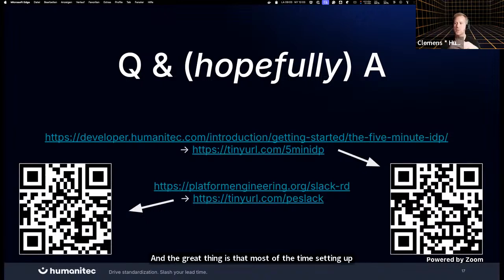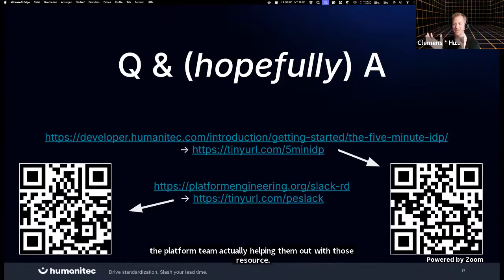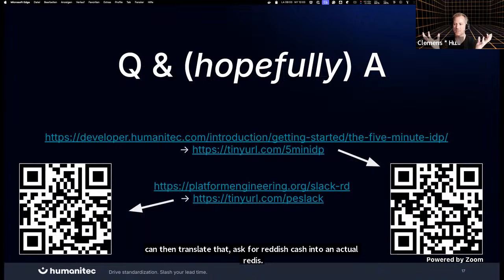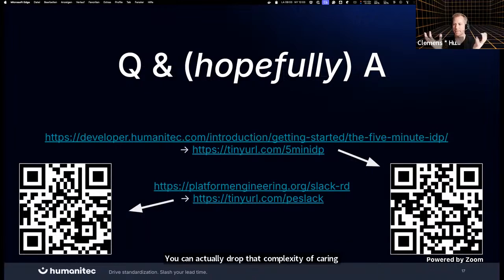That's the reason why you see those local cache directories, because developers don't want to find out how to locally run a Redis cache. But using Score and the platform team actually helping them out with those resource provisioners, which can then translate that ask for a Redis cache into an actual Redis cache, you can actually drop that complexity of caring for two interface types. Yeah.